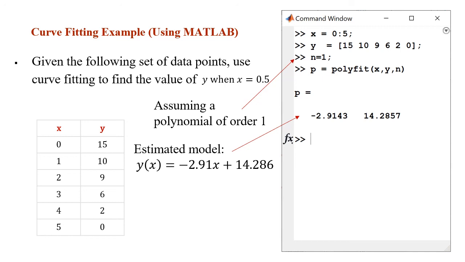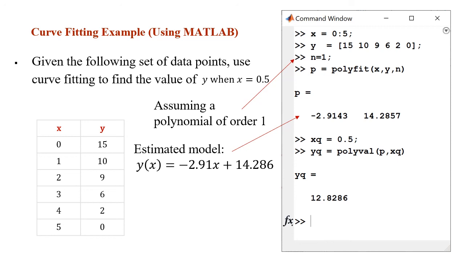Now, instead of plugging the values manually by hand, we can use the polyval function to figure out the value of y at x equal to 0.5. So the first step we did here is to create a variable named xQuery, or xq, in which we stored 1/2. And then we can figure out that yq is equal to polyval.